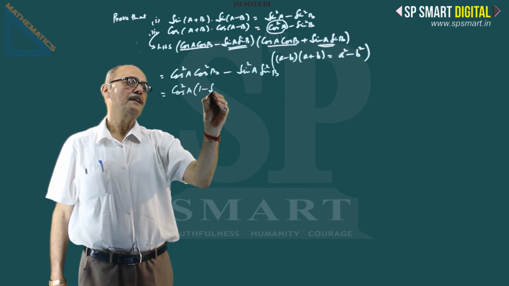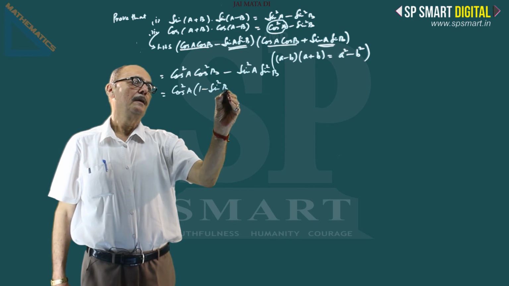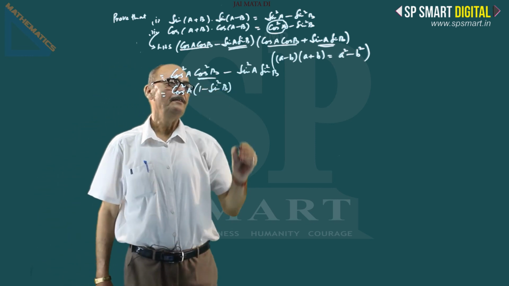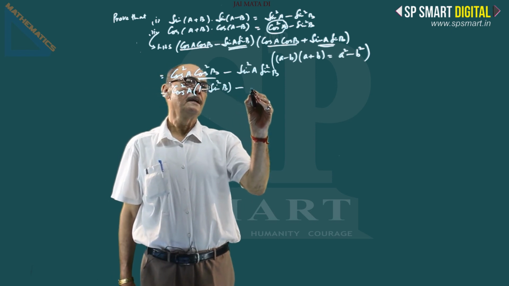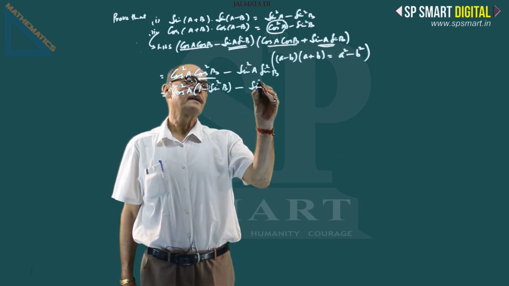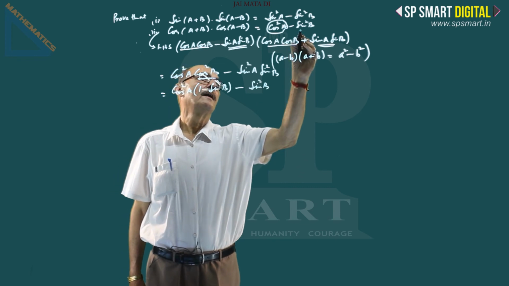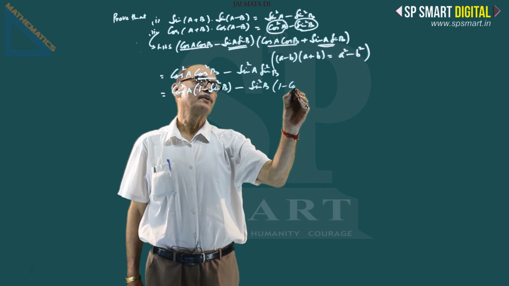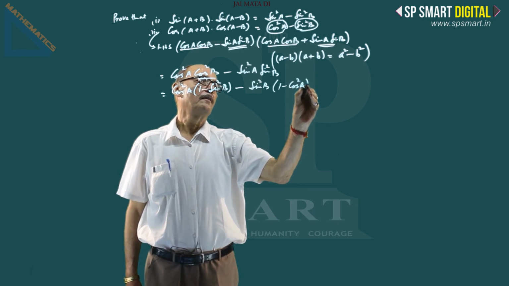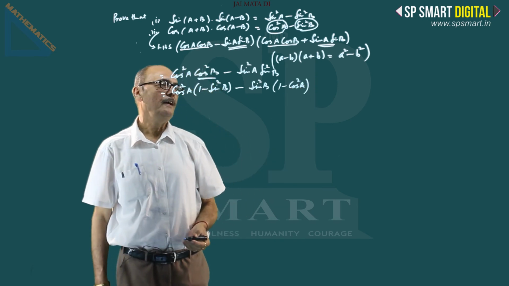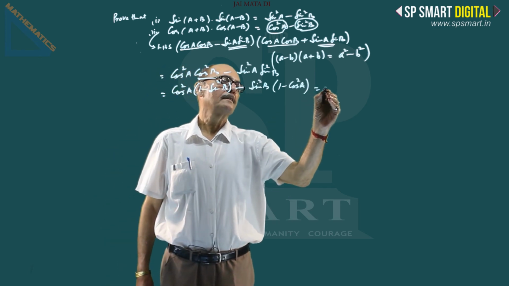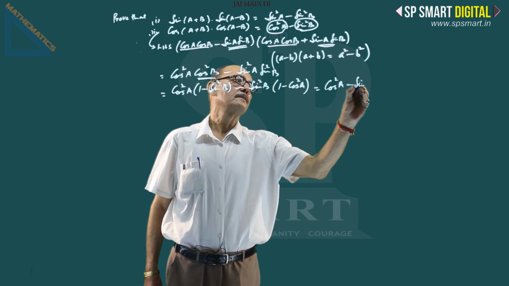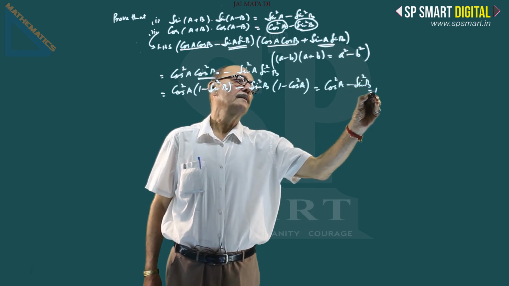So, 1 minus sin square B, I have written for cos square B. Likewise, minus sin square B I require, one minus cos square A. When you open it and simplify, you will get the result as cos square A minus sin square B, and it is the right hand side.